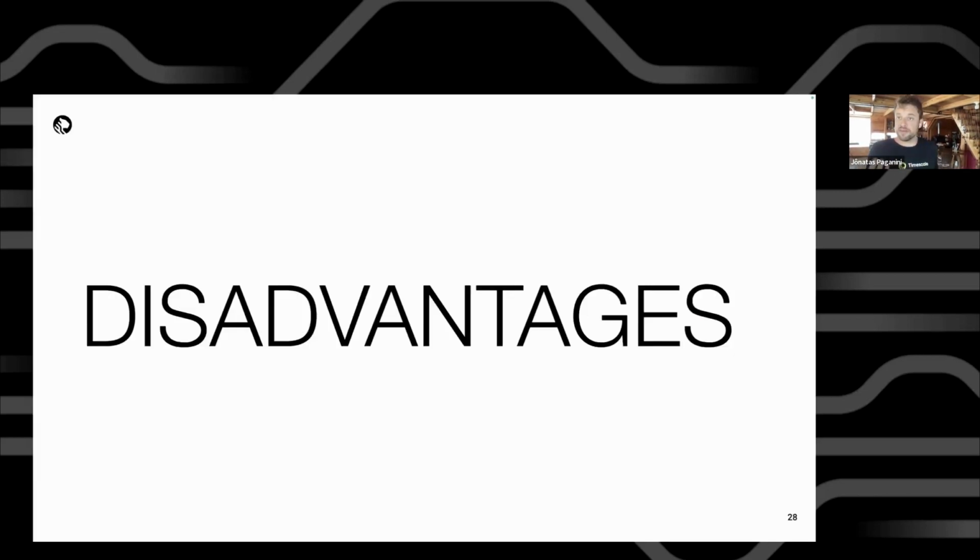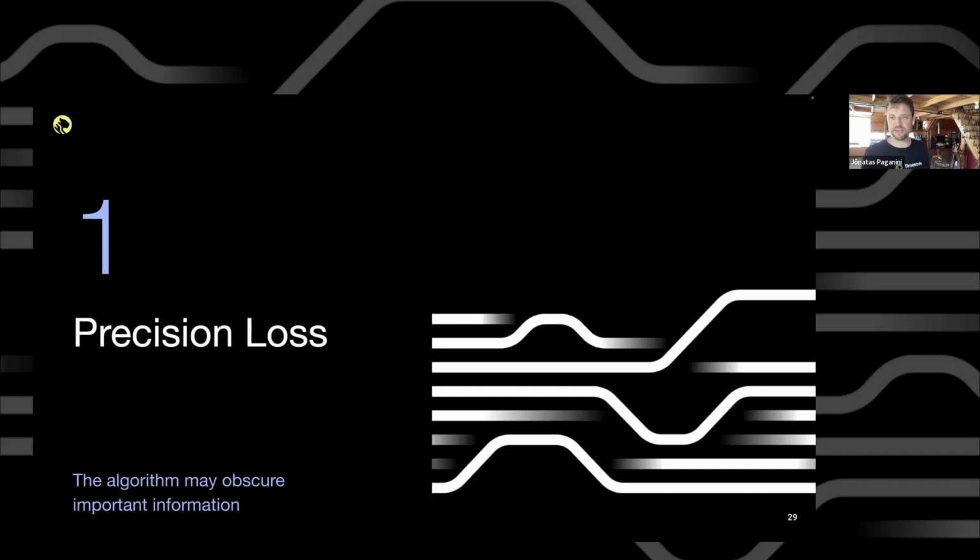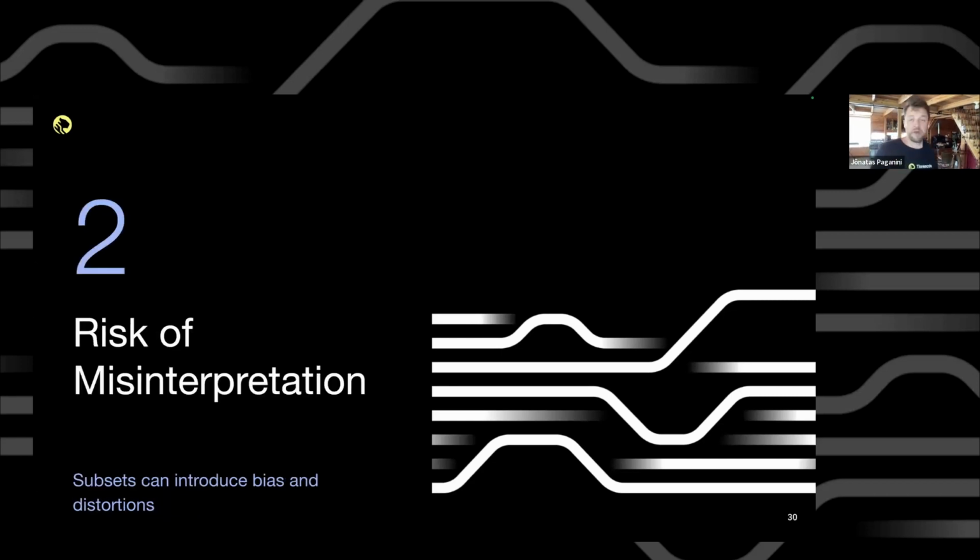But you also have a disadvantage. We need to be clear, it's not a perfect thing. And the first thing is precision loss. Maybe the type of analysis or math that you are using, you cannot do it because the algorithm may obscure something for you, right? Maybe you have a risk of misinterpretation.